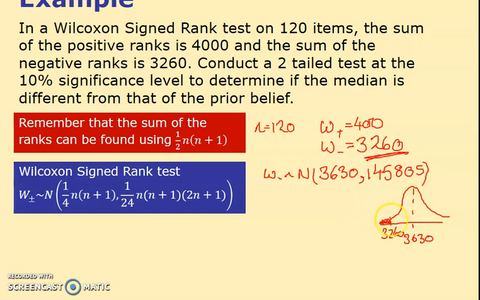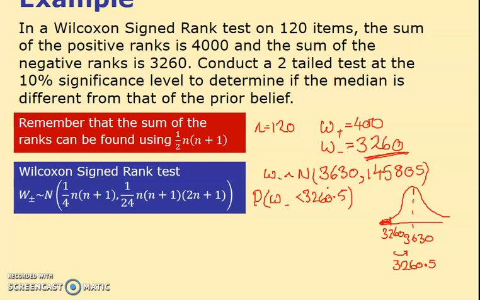Is it far enough smaller? That's the question. Remember my continuity correction again. I'm not going to use 3260, I'll go inside it: 3260.5. So I'm going to find the probability that W minus is less than 3260.5. Menu 7 again.